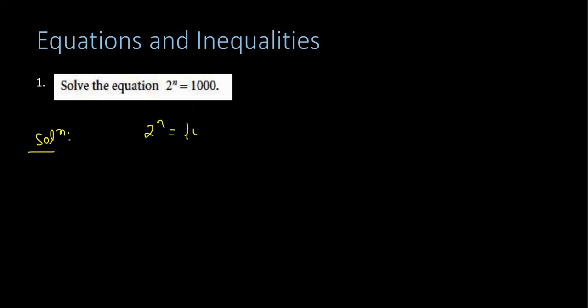Taking log, this will turn into n log 2 is equal to log of 1000, and I'm taking log with base 10. If there is no mention of base, we take the base of log as 10.